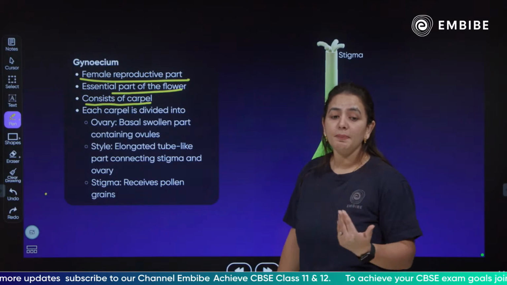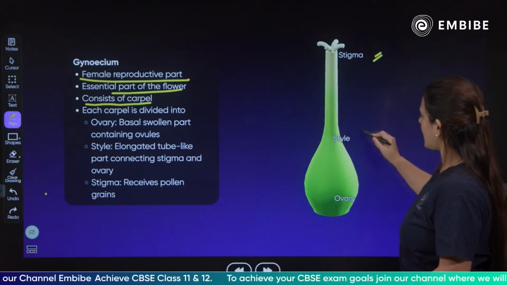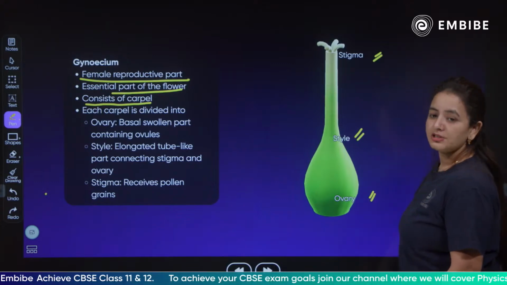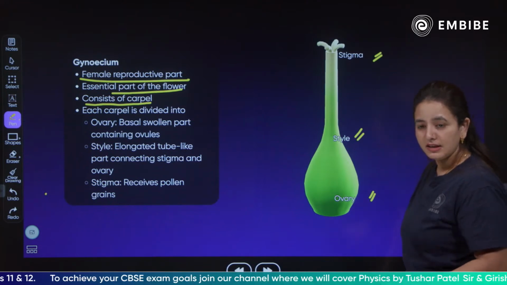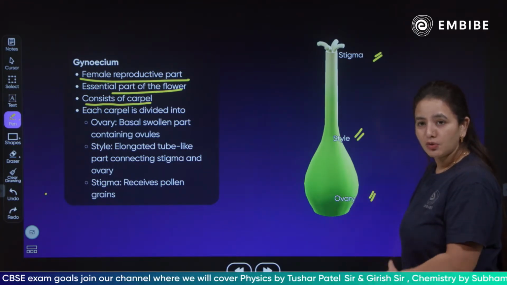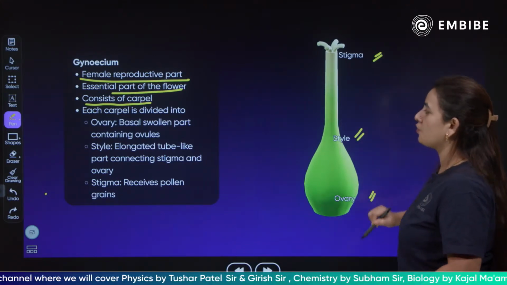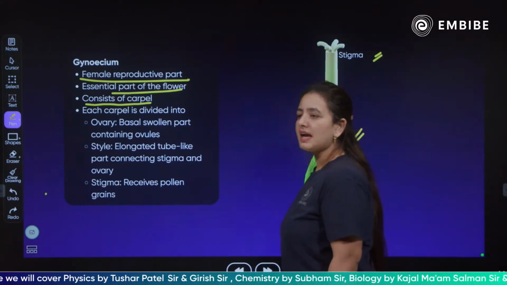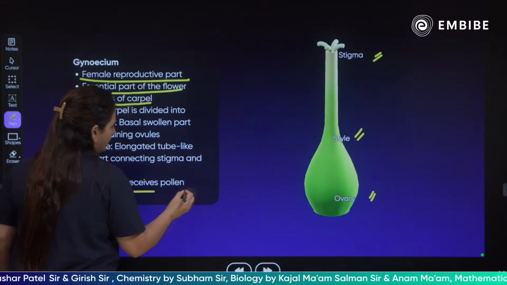The carpel is further divided into stigma, style, and ovary. Just like the stamen was divided into filament and anther, exactly the carpel, which is a unit of gynoecium, is further divided into stigma, style and ovary. What are stigma, style and ovary? If you see, the stigma is the receiver.